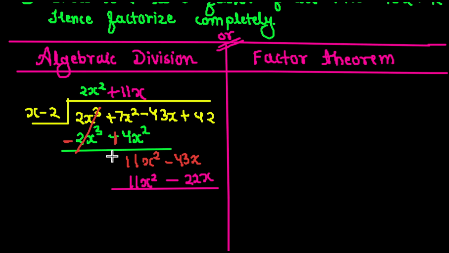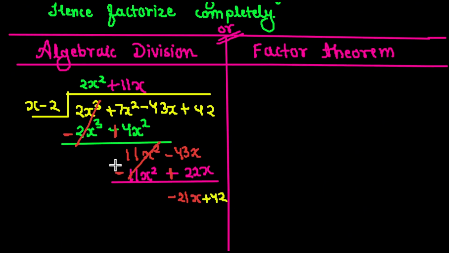So what we are going to do is change the sign again. So this one becomes a minus, and minus minus becomes a plus. Cancel, what we are left with is negative 43 plus 22, so that is minus 21. So I'll write it there, minus 21x. And what we have from above is 42, plus 42.